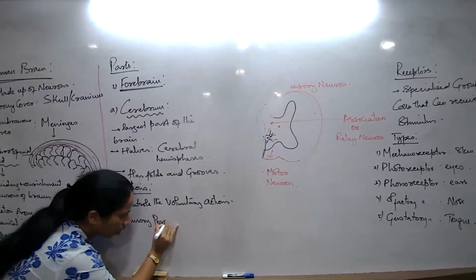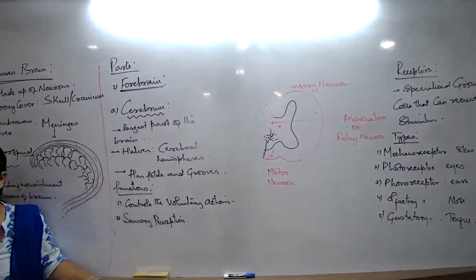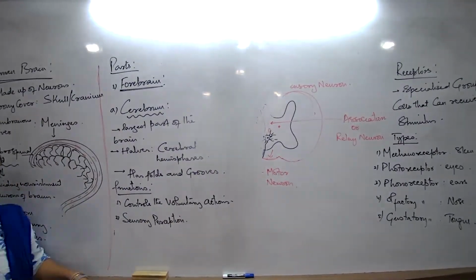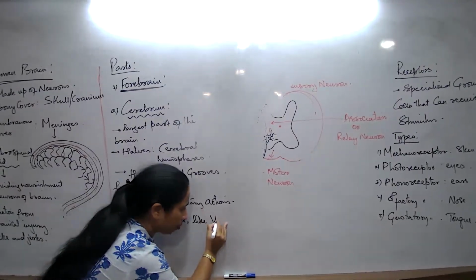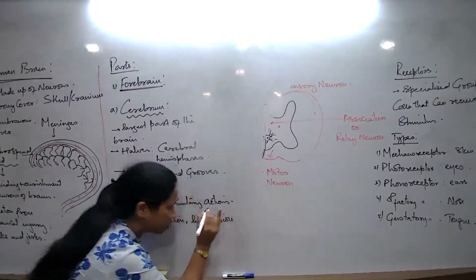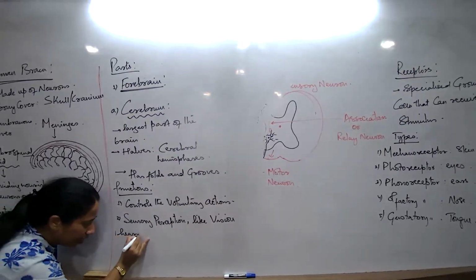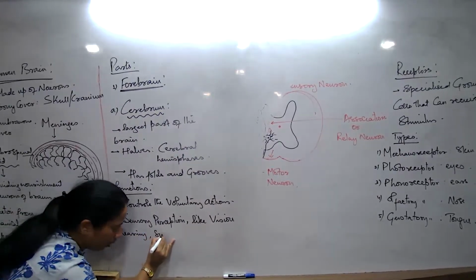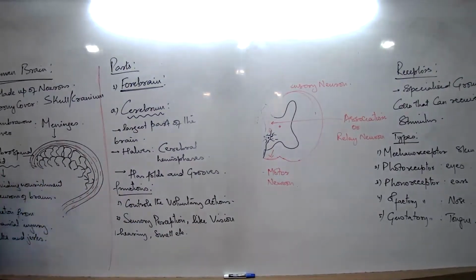So when we are talking about sensory perception, a variety of different types of sensory perceptions, what are the different types of sensory perception? Like vision, sensation of vision, and then hearing, and then smell, and then taste. All would be functions of cerebrum.